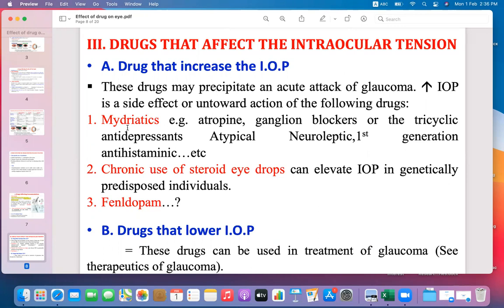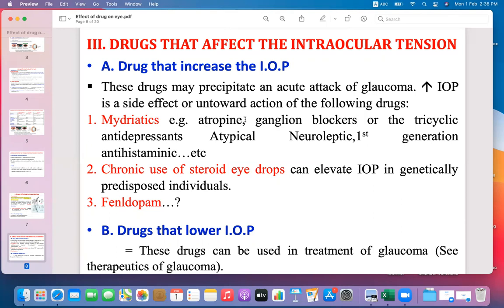When we use mydriatics from the category of atropine, ganglionic blockers, tricyclic antidepressants, neuroleptics, or antihistaminics, and with chronic use of steroid eye drops, the intraocular pressure is elevated. And fenoldopam, generally used in emergency hypertensive patients and given by the intravenous route, may lead to an increase in intraocular pressure.